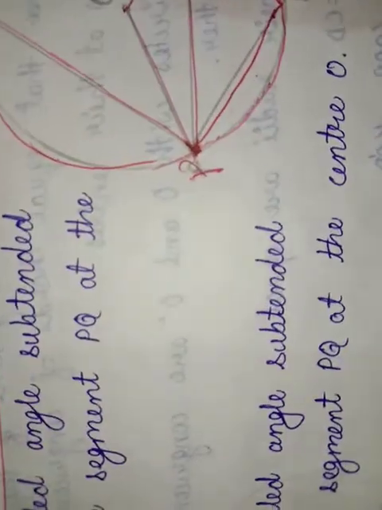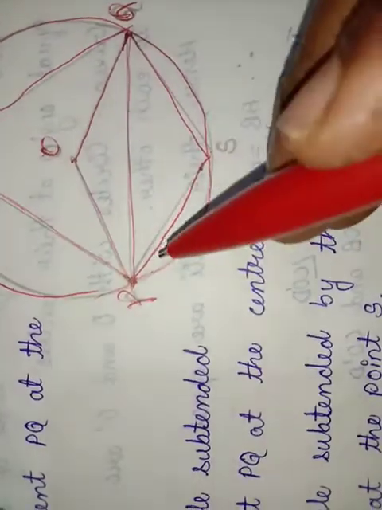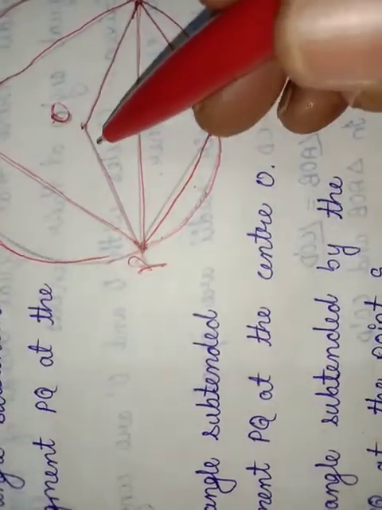Then next, angle subtended by a chord at a point. This is the chord, PQ is the chord.